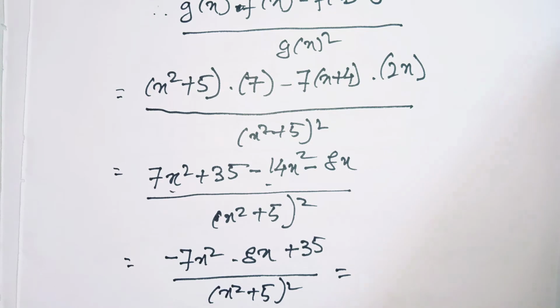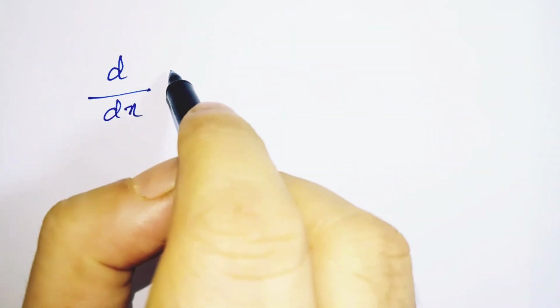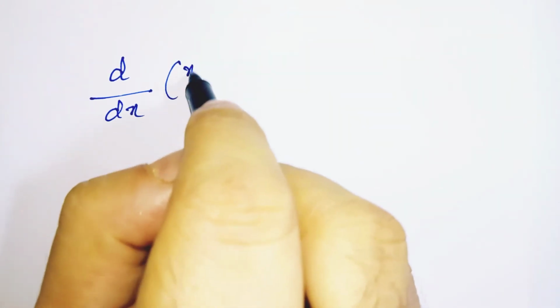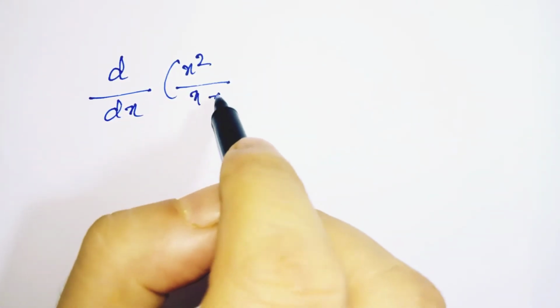This was a last and quite simple example of the quotient rule. Let us see if we get an expression like this, where we want to find d by dx of x squared whole divided by x minus 5.